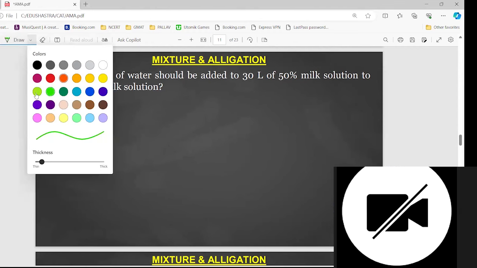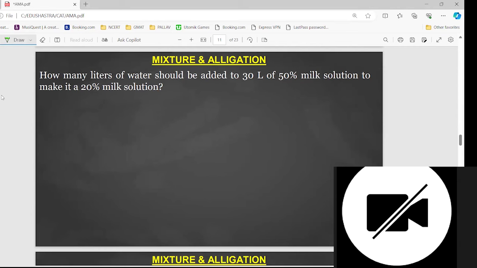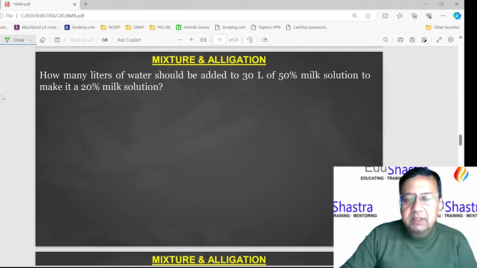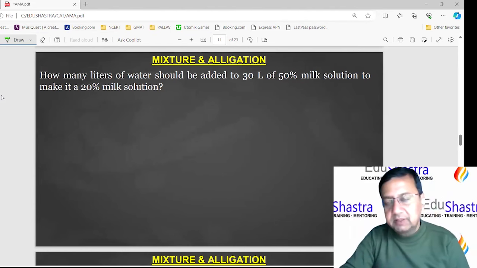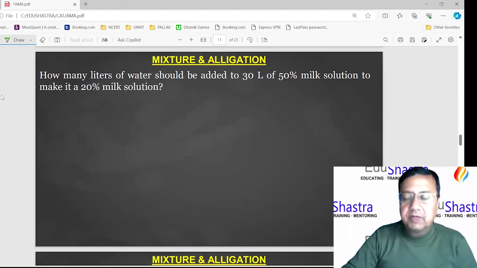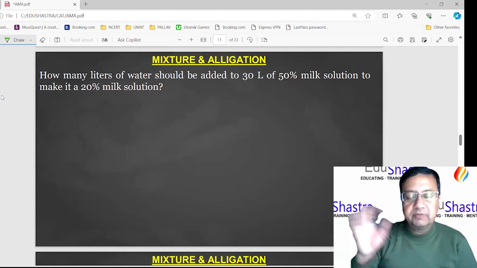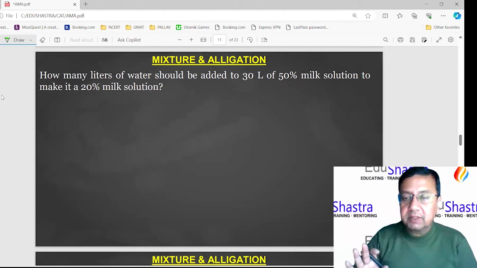See, when we are going into the examination, we are targeting all competitive examinations, right? We are not going into the board examination or class examination, where we write the solution step by step. Here you will find 4 or 5 options, and you have to pick the best option. The way you get the answer doesn't matter.